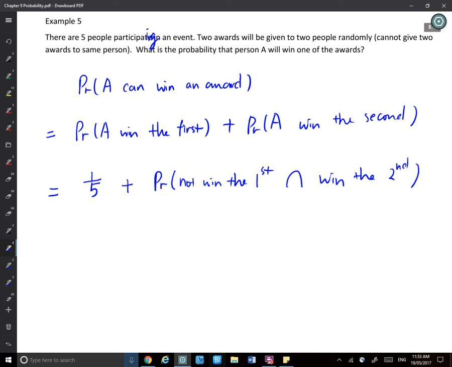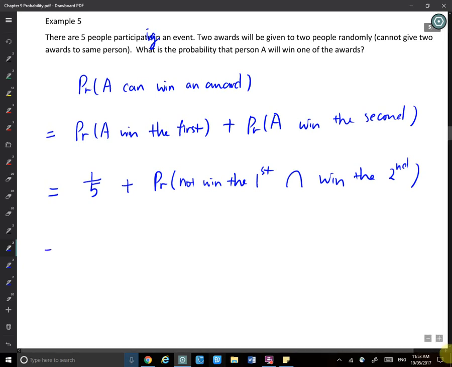You remain in the same room, and then I throw another one and you win the second. So not win the first intersects with win the second. That must happen at the same time. So what's the probability that I can't win the first one? 4/5.